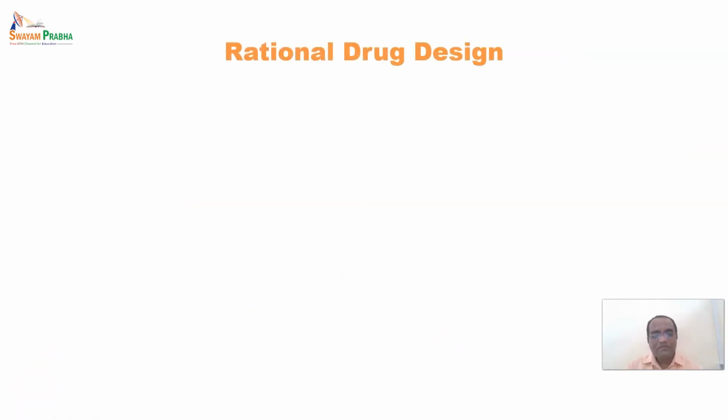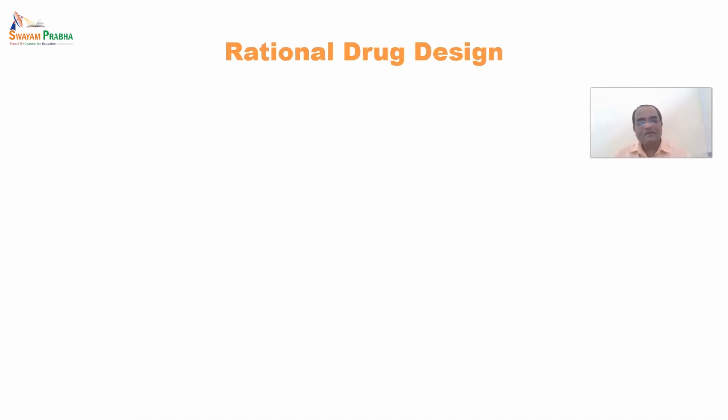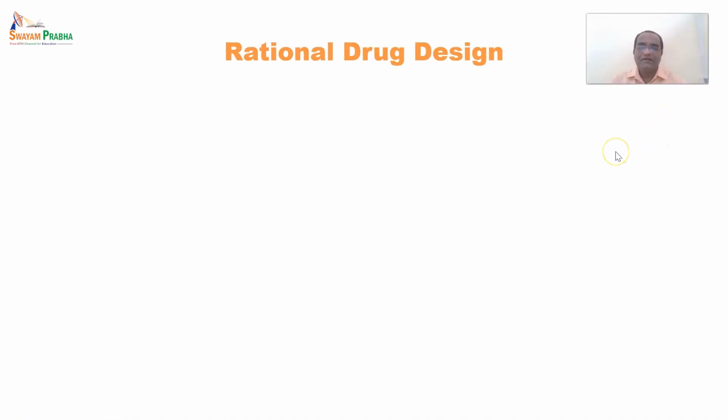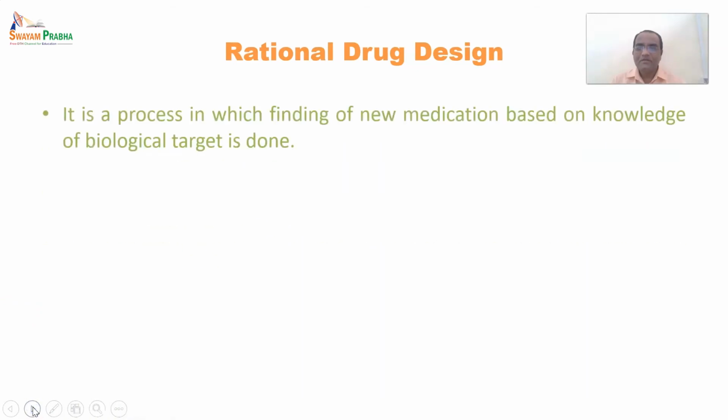Now we'll come towards the next concept, that is rational drug design. There are two classes in drug design: one is analog drug design and the second is rational drug design. It is a process of finding new medication based on knowledge of a biological target.